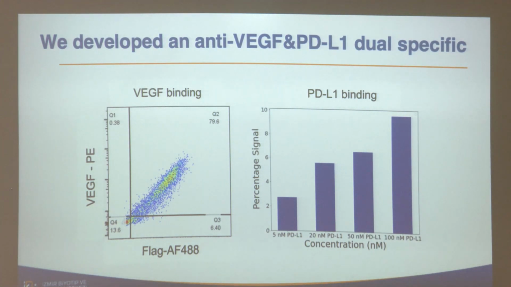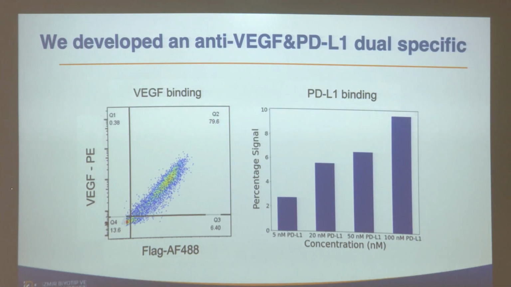Sorry, you are screening against PD-L1 in the presence of VEGF ligand, right? No, actually not, because we already know that it binds to VEGF. But if there is a competition, yes, but as I said at the start of the talk, if there is no steric hindrance, it can bind both together.